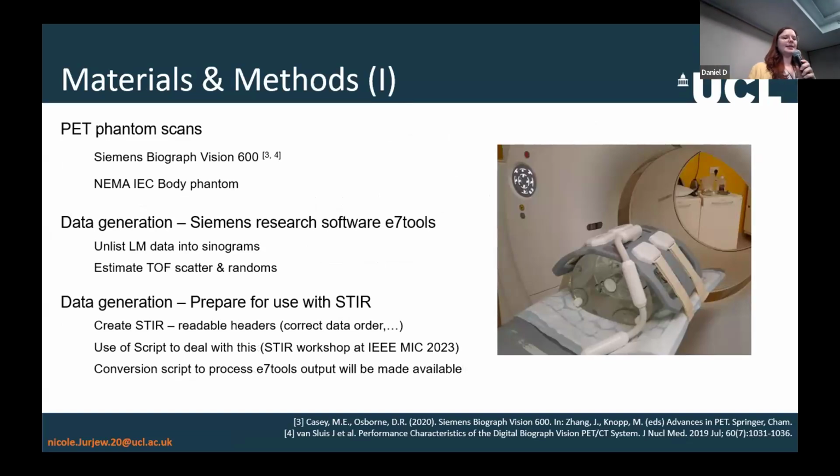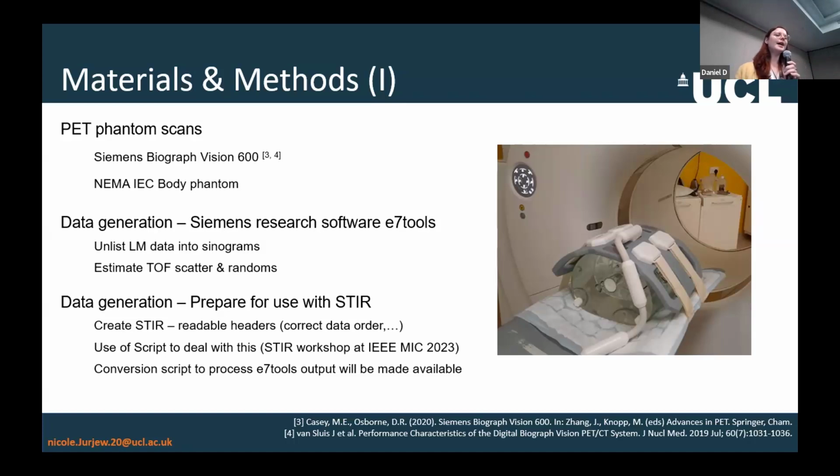We scanned a NEMA IEC body phantom. For the data generation, we still rely on the Siemens research software E7 tools that unlists our list mode data into sinograms and estimates the time of flight scatter and randoms.